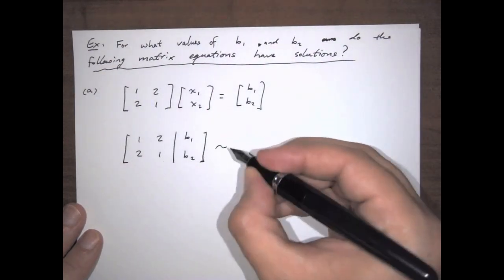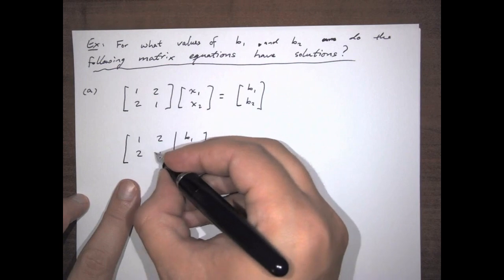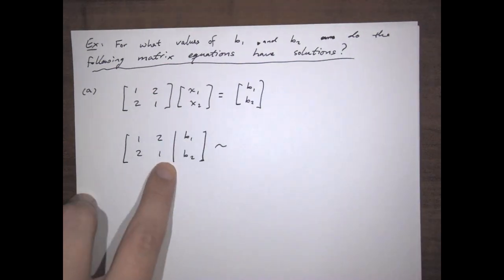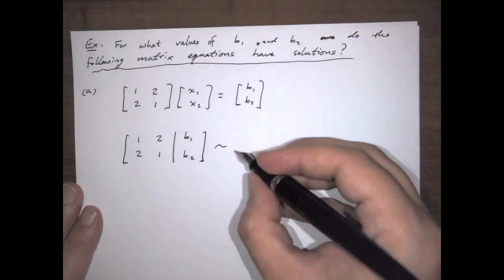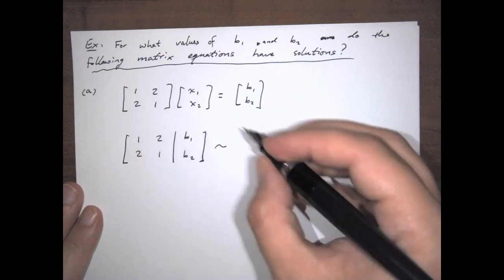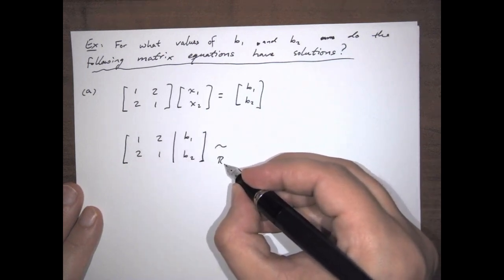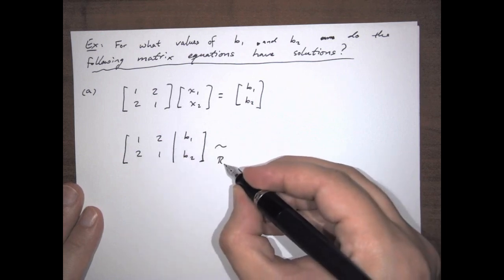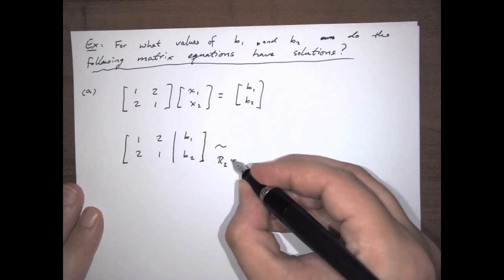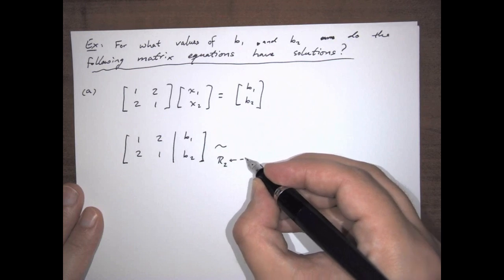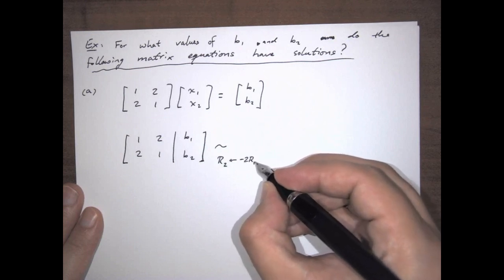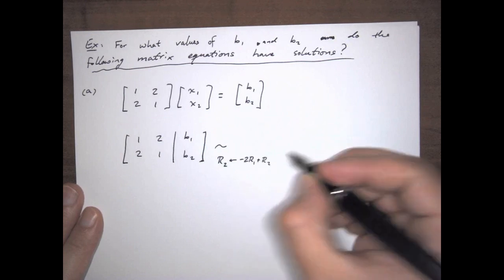So that's what we're on the lookout for. So we row reduce this, trying to see if we can get this to be all zeros until that augmentation bar. It looks like the first thing we would do is try to cancel out the 2 down there. So that means row 2 is going to be replaced by -2 times row 1 plus row 2.